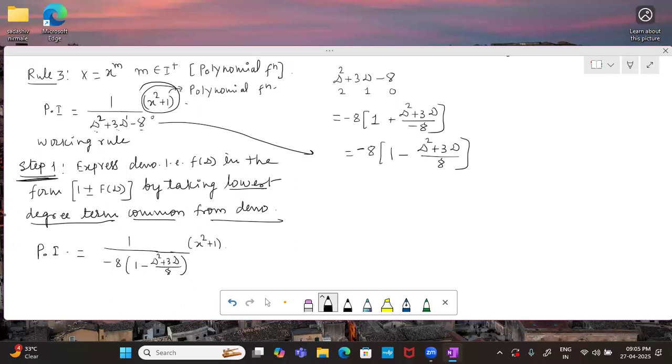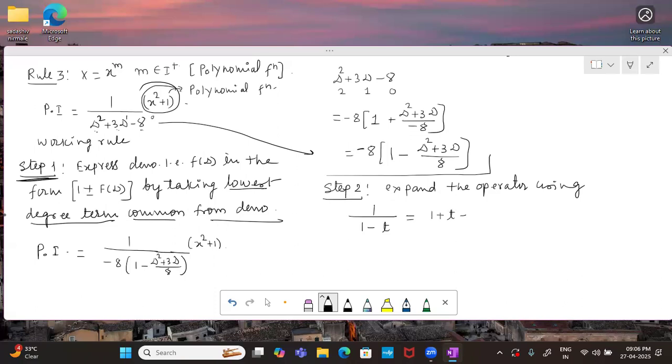In the second step, expand the operator using 1 upon 1 minus t is equal to 1 plus t square plus on up to t raised to m.